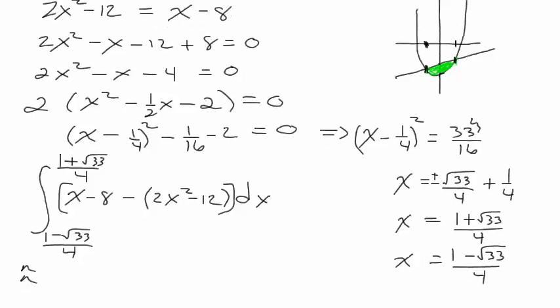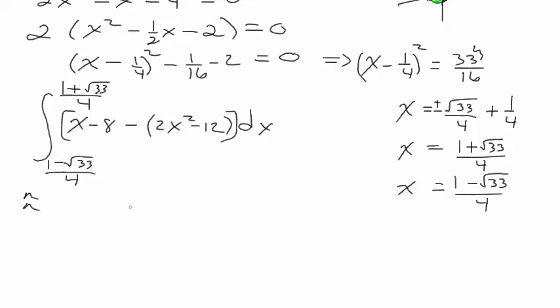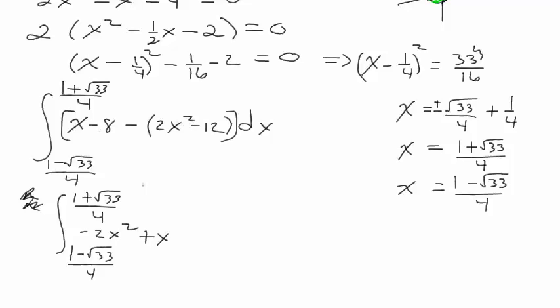Okay, let's scratch that out. Take the integral from 1 minus the square root of 33 over 4 to 1 plus the square root of 33 over 4. This can be rewritten as negative 2x squared, since we're distributing the negative across, which makes that a positive 12. That's a positive x, and we have 12 minus 8, which is a positive 4, right?